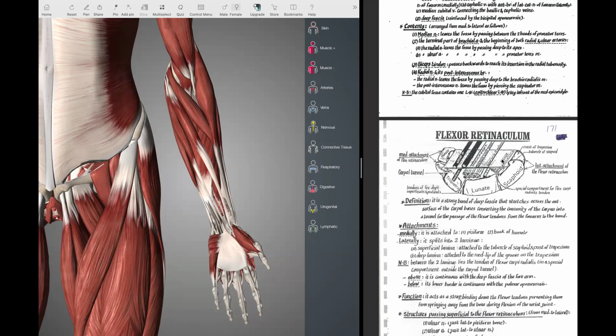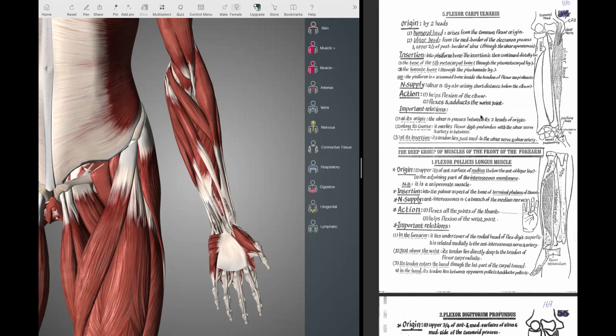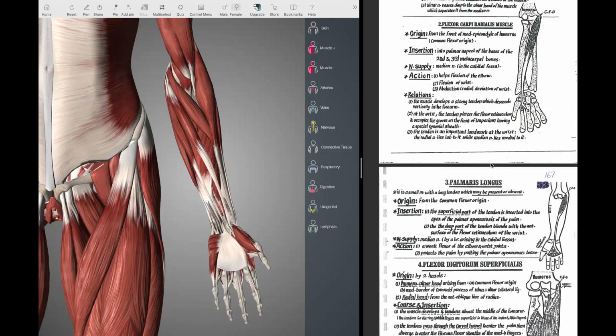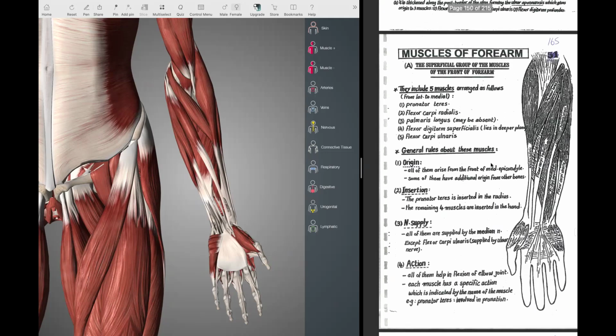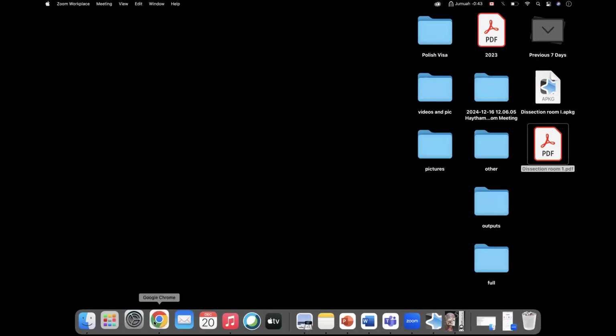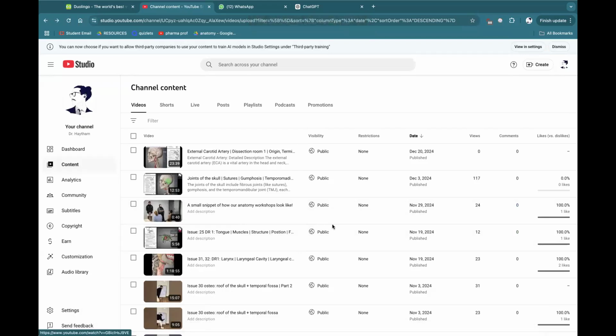Give me a second. Okay, let's separate it into layers. Some books separate it in a different way. Just give me a second. I don't want to confuse you because this part is already confusing.